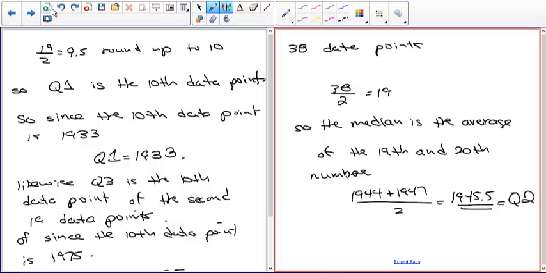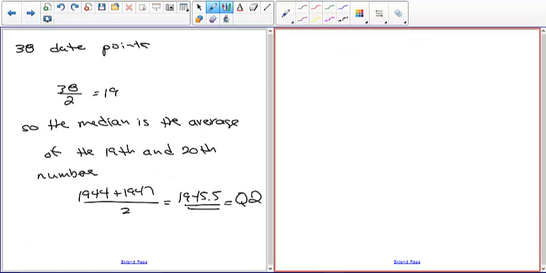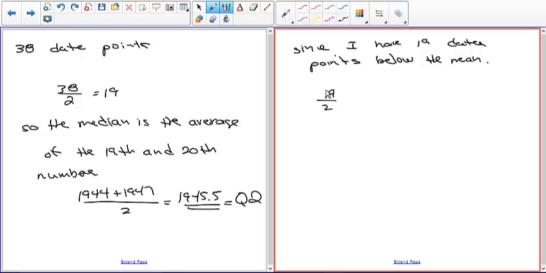So let's add a page here. Since I have 19 data points below the median, all I do is take 19 divided by 2, which is 9.5, round up.